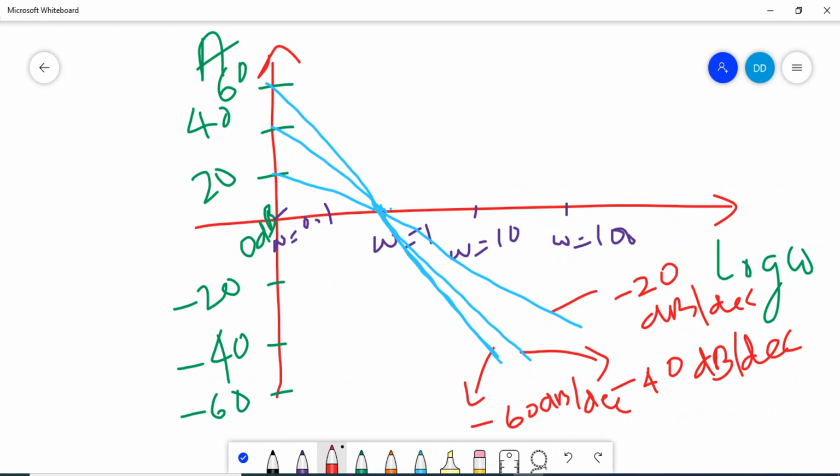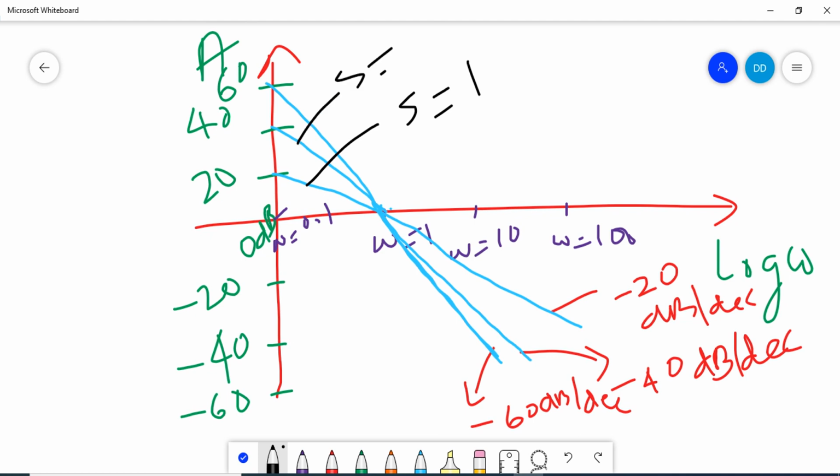In the magnitude plot, A in decibels is along the y-axis, and we have the logarithmic scale of frequency along the x-axis. You can observe that we have three straight lines drawn over here, having slopes of minus 20 dB per decade, minus 40 and minus 60. The minus 20 line corresponds to a single pole at the origin.